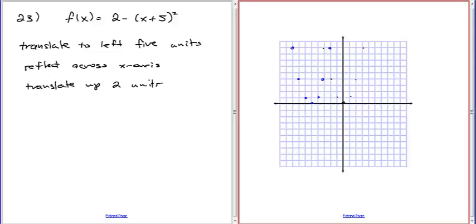Now, the next thing you do is you reflect that around the x-axis. So this point stays the same. These points go from here to here. So I actually go over 1, down 1, over 2, down 4, over 3, down 9, and the same on the other side. And then finally you move it up 2 units. So this is where you end up. From this point you're going to do the same thing.